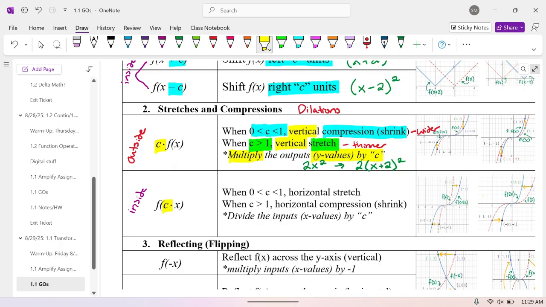So while if we're given a fraction for vertical, we have a compression. For horizontal, we have a stretch. Now, if it's greater than 1 for a horizontal, then we would have a compression.